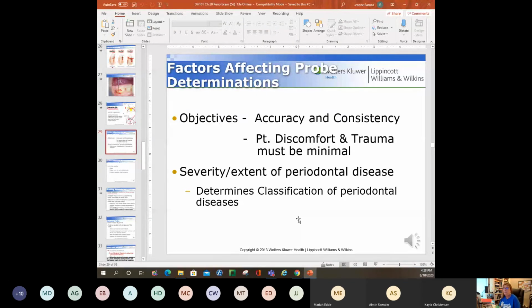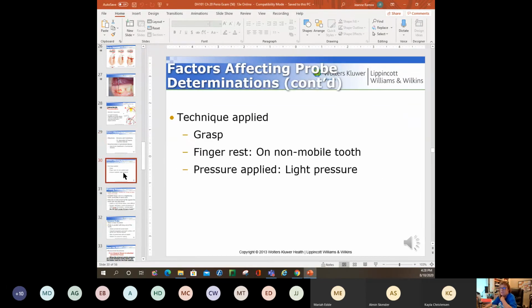And we even have a topical gum numbing agent called Oraqix that you'll be learning all about also, that can help with this. So we can determine the severity and extent of their periodontal disease and determine what classification of perio disease they have. So it determines treatment and everything.